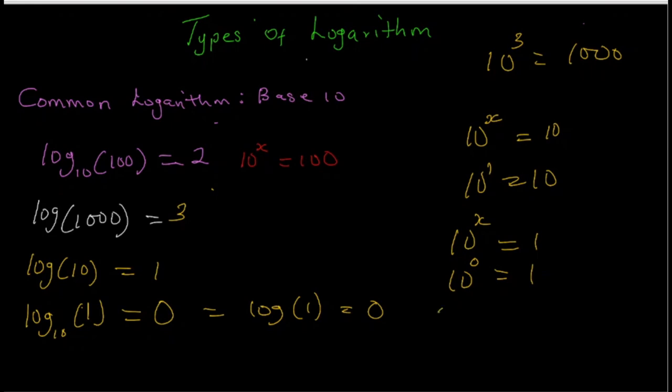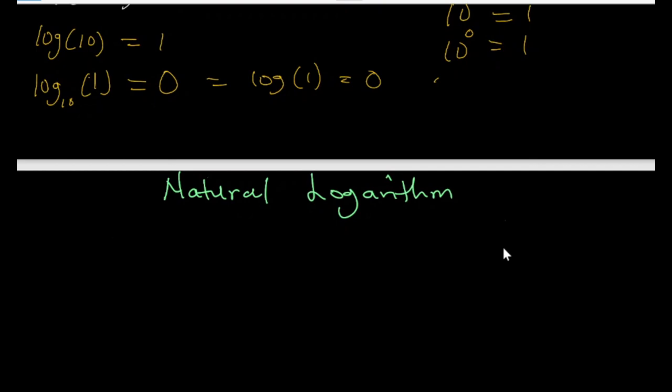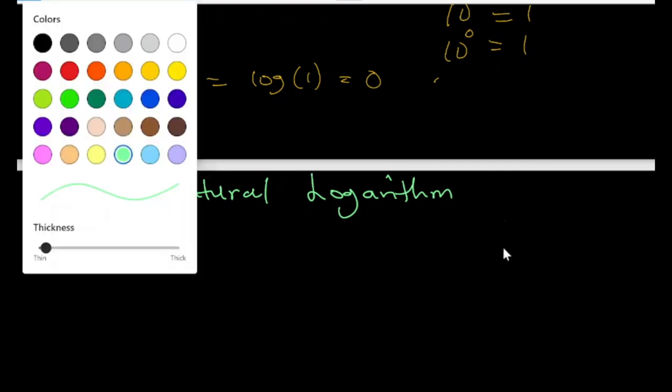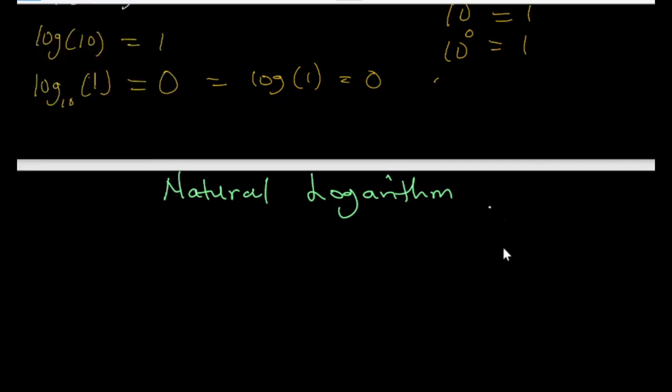This can then take us to what we call the natural logarithm. It's simply logarithm in base e. So e is a constant, just like pi. It is a constant in maths known as 2.71828, something like that.